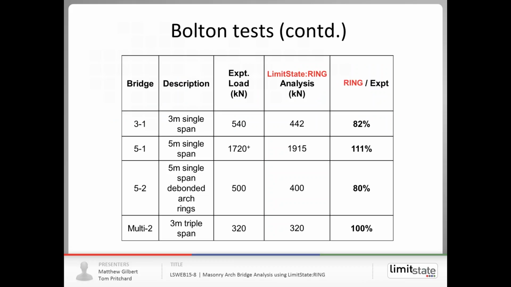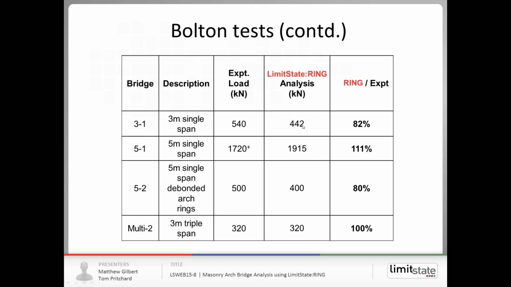These bridges shown on the table, 3-1, 5-1, 5-2, and multi-2, all have spandrel walls which are built outside the width of the arch barrel in order to remove, at least to some extent, the effects of the spandrel walls.